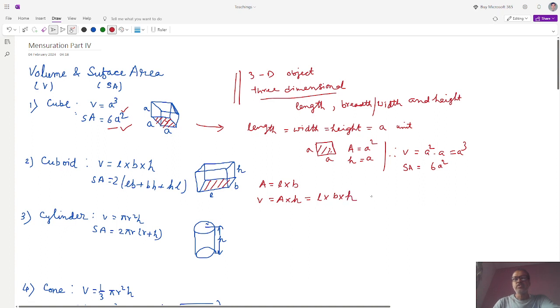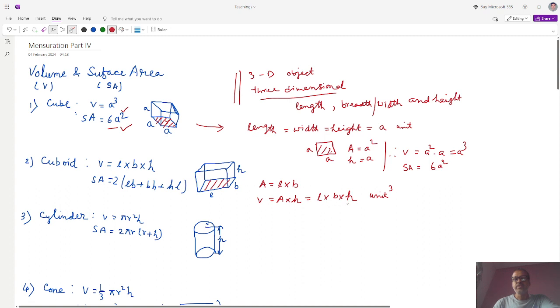And you all know that the unit of volume is unit cube, because L has a unit, B has a unit, and H has a unit.